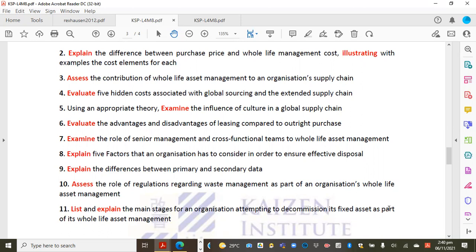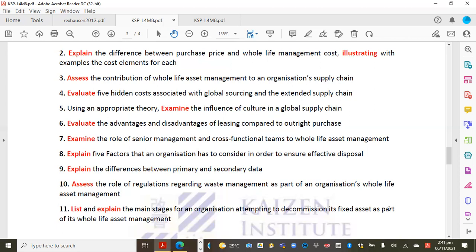Okay. Then we can look at the next question, which is: assess the role of regulations regarding waste management. Regulations play an important role in waste management. One would be the EPA Act.